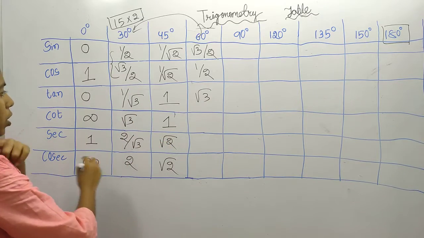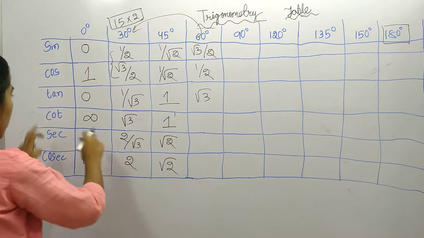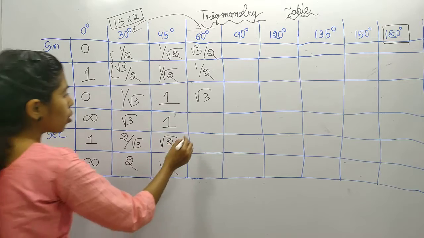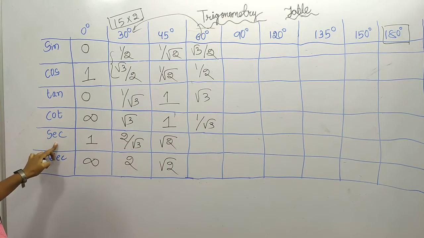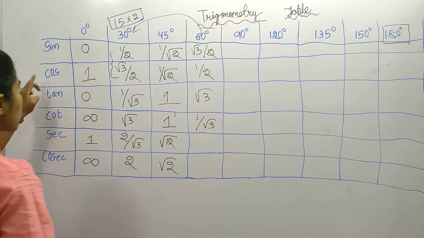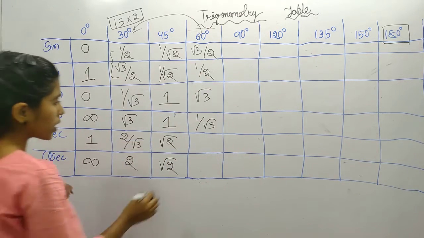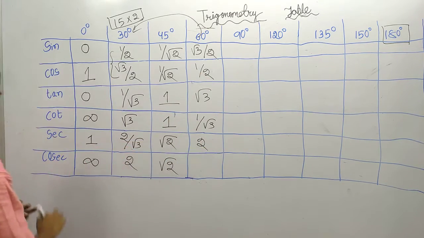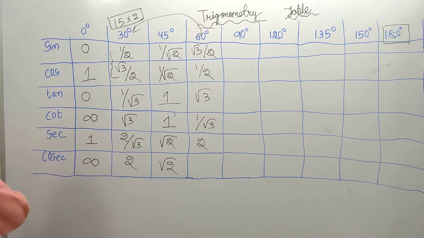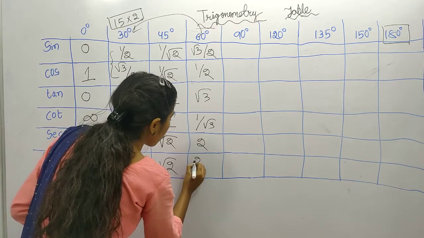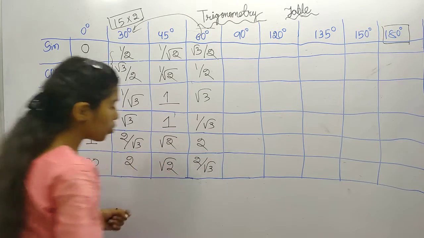Next, cot. Cot is the reciprocal of tan. Tan is root 3. So, cot will be 1 by root 3. Next, sec. Sec is the reciprocal of cos. Cos is 1 by 2. So, sec will be 2. Cosec. Cosec is the reciprocal of sin. Sin is root 3 by 2. So, cosec will be 2 divided by root 3.